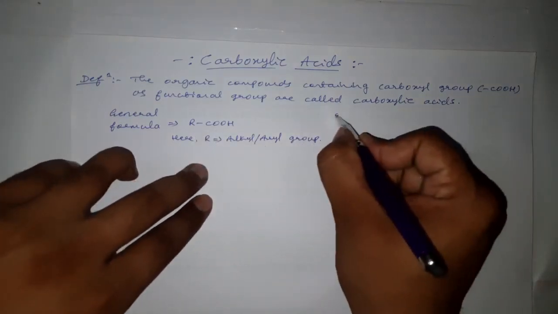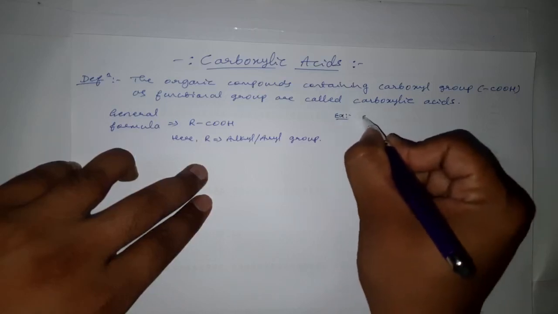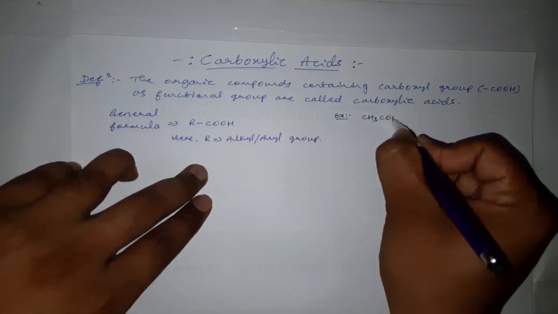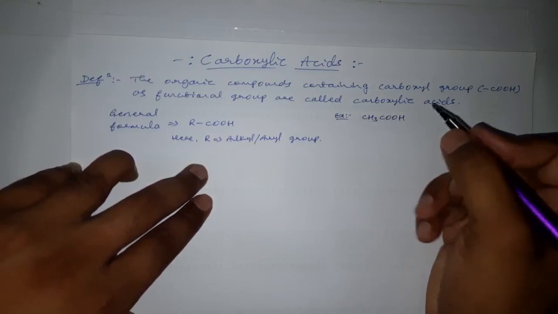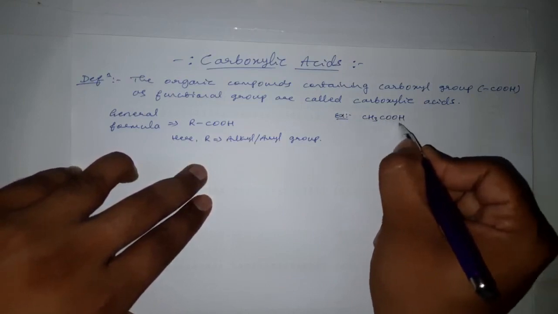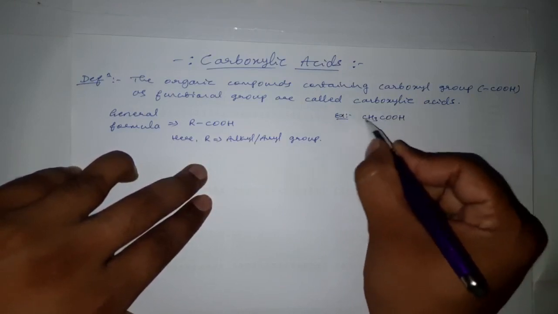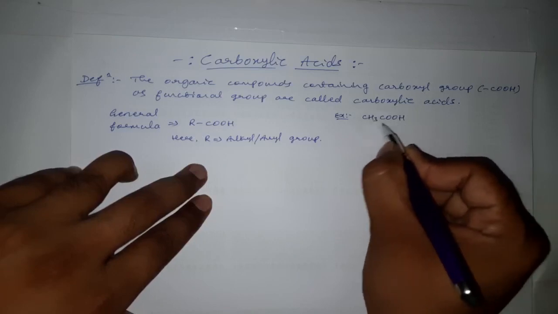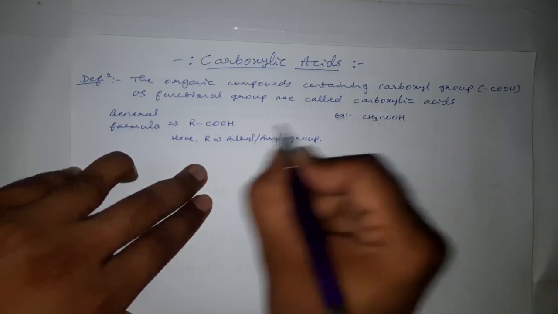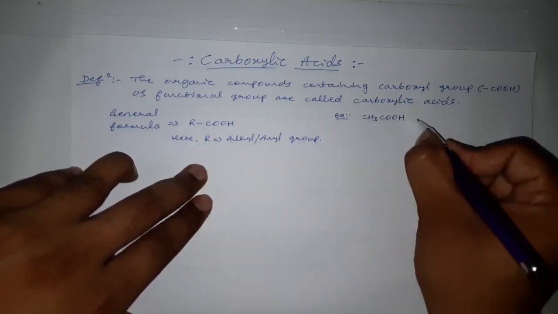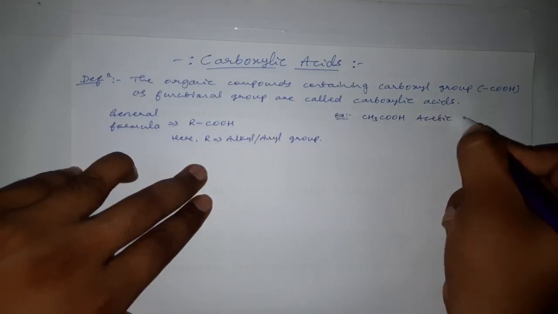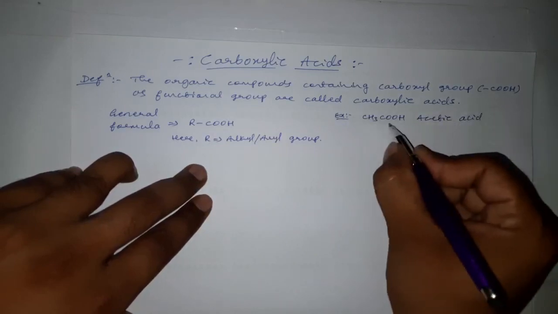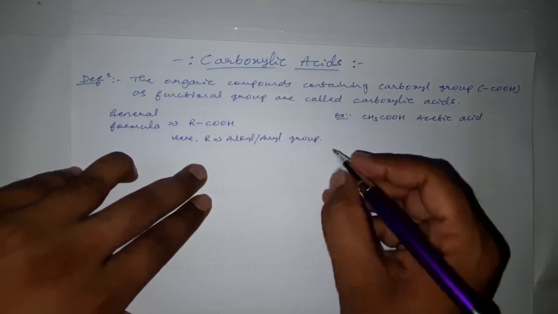Take for example CH3COOH. Here this is a carboxyl group which is present in an organic compound as a functional group, and this is an alkyl group R, and its name is acetic acid. It is the best example for the carboxylic acid.